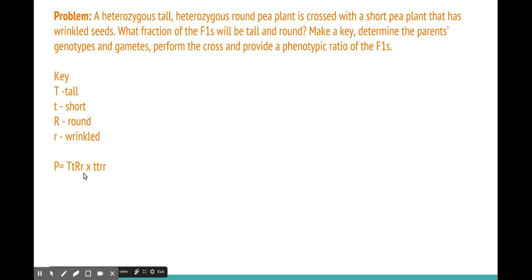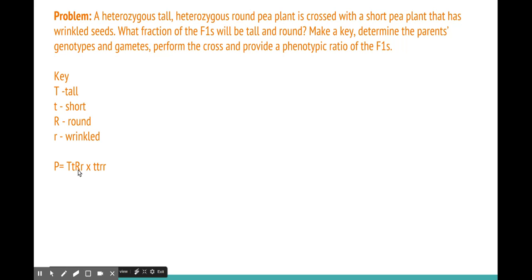Again, we're looking at the inheritance of two traits at the exact same time. These pea plants are diploid. They have pairs of chromosomes. This parent pea plant has one chromosome that has this recipe, in a sense, big T on it. The other chromosome making up this pair would have a different recipe on it, resulting in the short phenotype. Oh, I'm sorry, it's not the wrinkled texture, it's short.